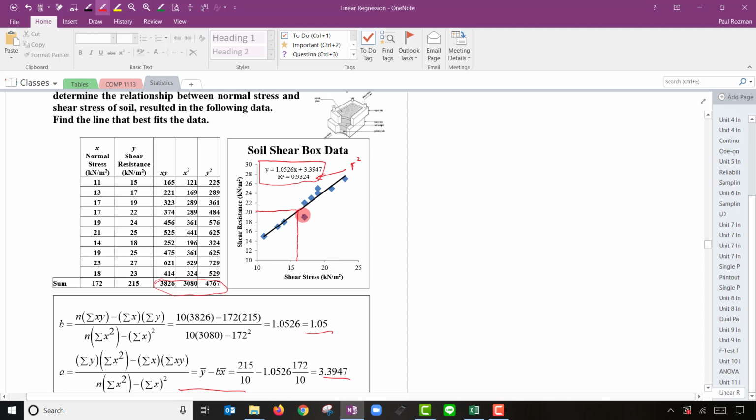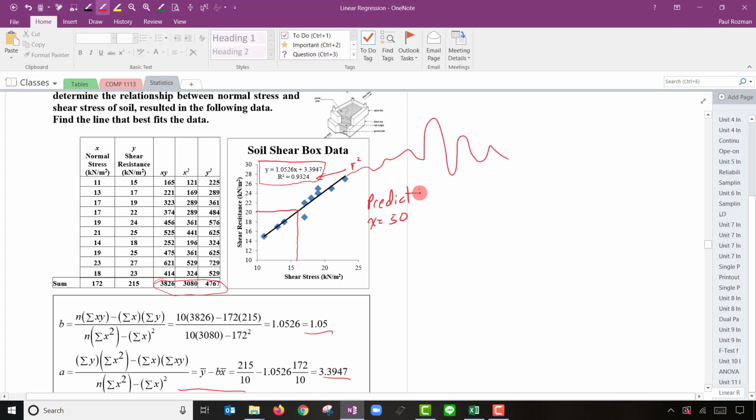We'd have to be careful if I said, predict when x equals 50. We have no idea if this continues along that same trajectory. Who knows what happens after this point.